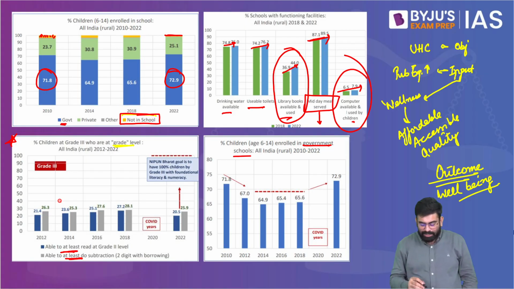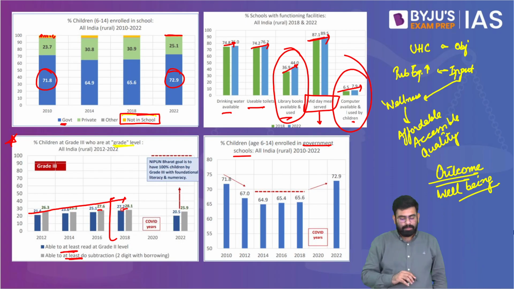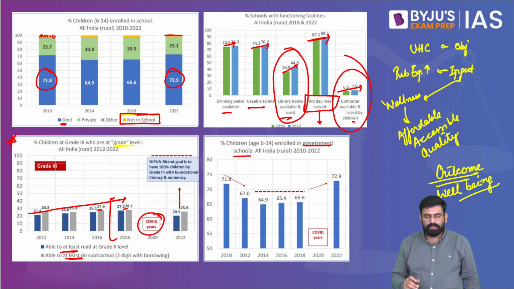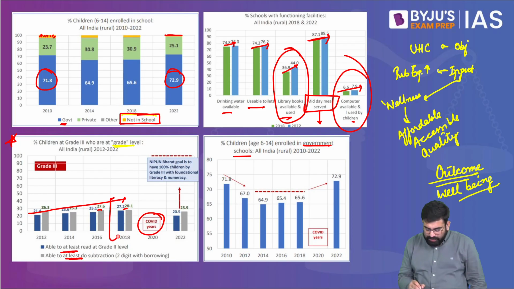Another idea is that over the years it has been increasing. You see 21 to 23 to 25 to 27. Similarly, 26, and there was a dip in one year, then 27, 28. But now you had COVID-related lockdown for 2-3 years. Post this, you find that there has been a dip in learning outcomes.